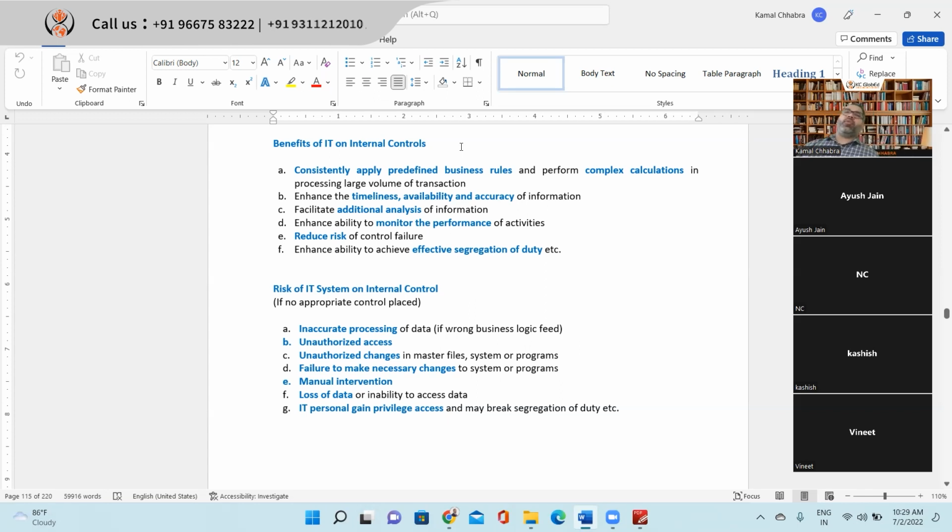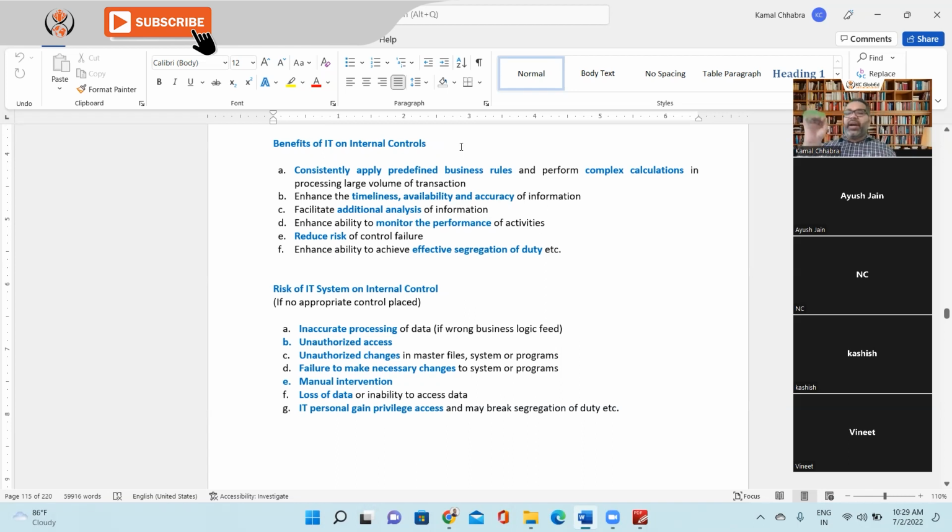For example, if you go to our website and buy any subject, it automatically calculates GST and takes you to the payment gateway, right? That is possible only through the IT system. Same way, when you go to Amazon and buy anything, it automatically calculates the GST based on the respective rate. So how is it doing? The business logic and business rules have been fit into the respective systems.